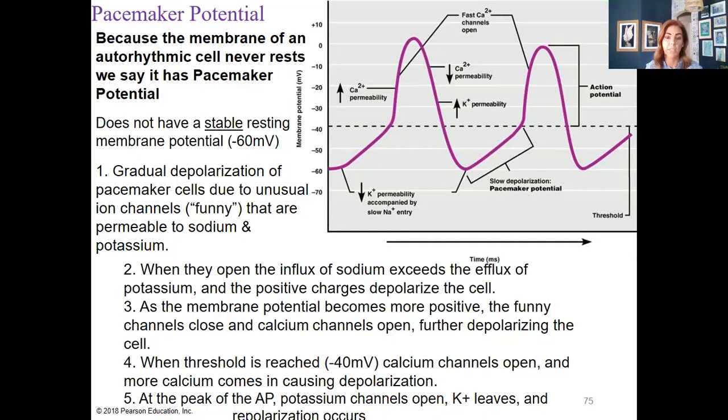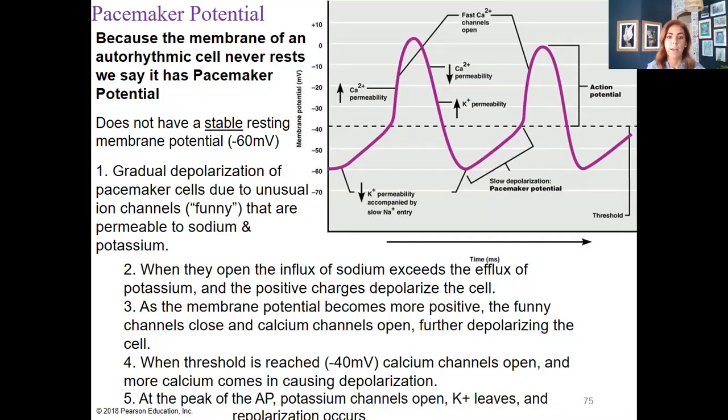We're going to move away from the negative and move into the positive, and that is going to lead towards the depolarization. We have to reach a threshold, and in the actual autorhythmic cells, we say that the membrane potential is around negative 60 millivolts, and reaching that threshold is around negative 40 millivolts.